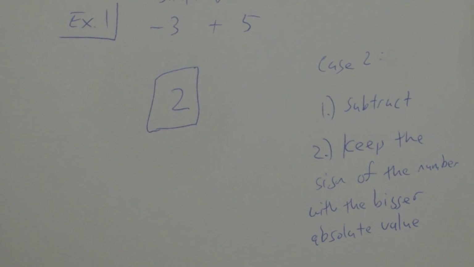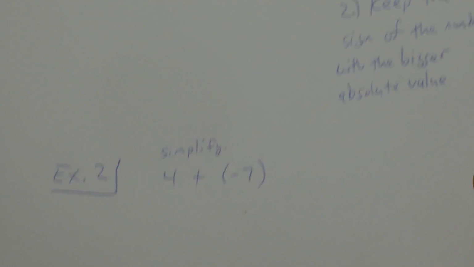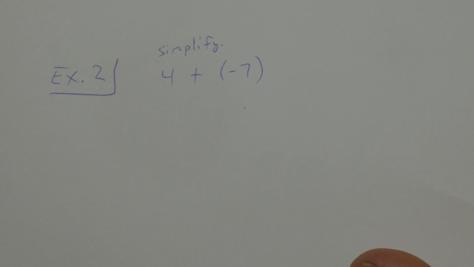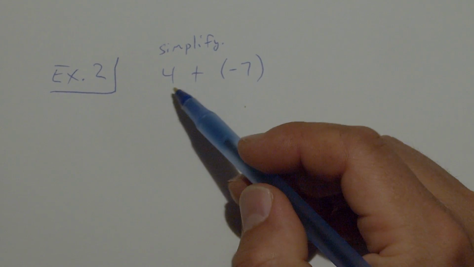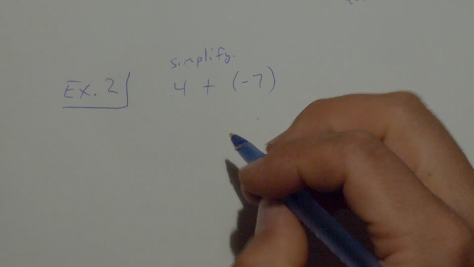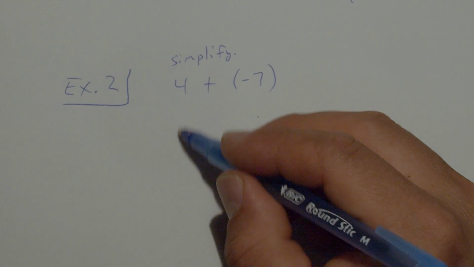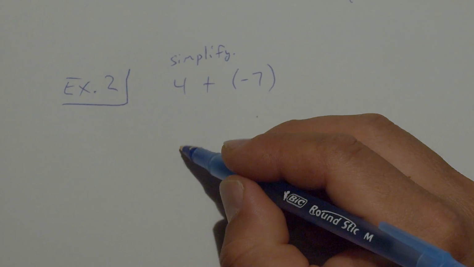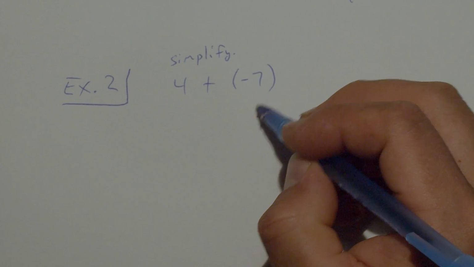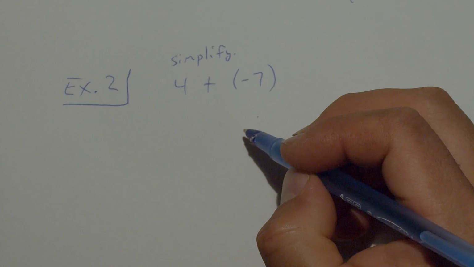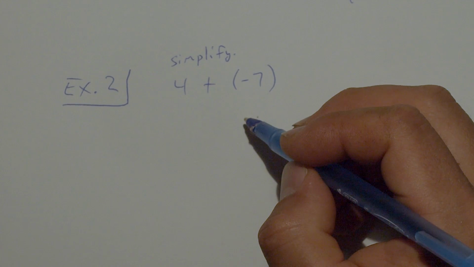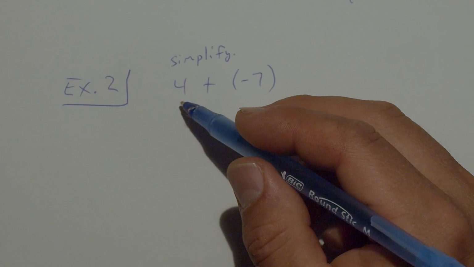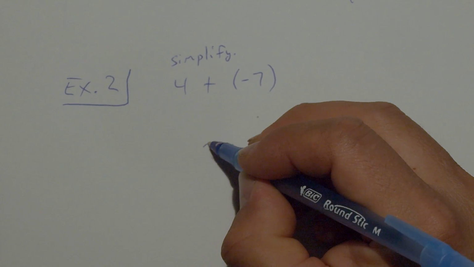Okay, so we're going to do the same thing here. We're going to keep that same rule in mind. Example 2. The absolute value of 4 is 4. Absolute value of -7 is 7, right? So the bigger absolute value is 7. Smaller absolute value is 4. 7 take away 4 is 3.